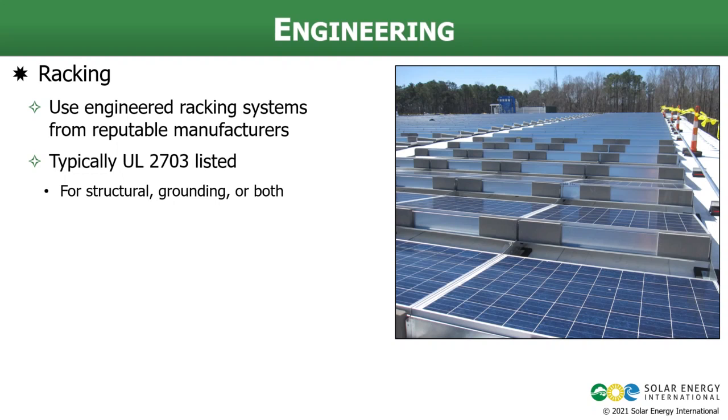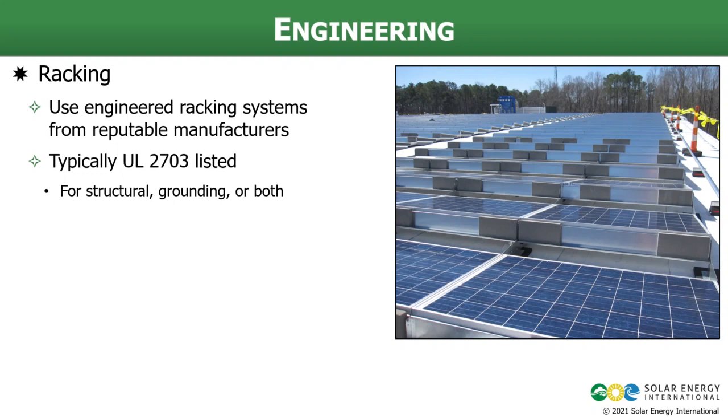We have many, many options for engineered racking systems from reputable manufacturers for all types of buildings, situations, roof types. There's really no reason not to use a properly listed racking system. They're typically going to be listed to UL 2703, which has both structural and grounding requirements in that listing.